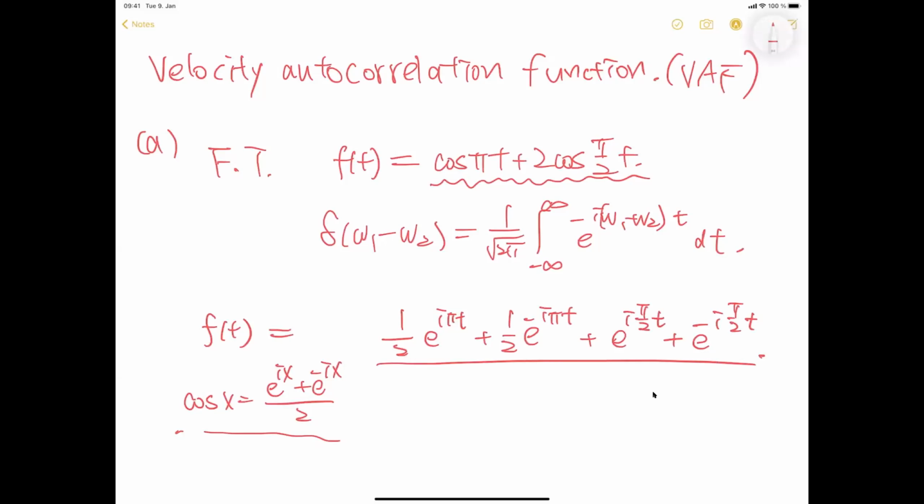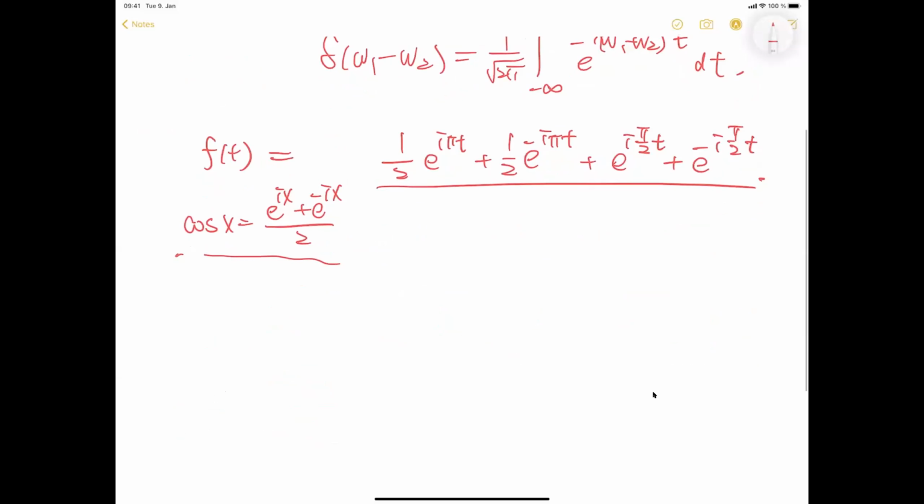And now we want to perform the Fourier transform on this function. So this F means the Fourier transform.